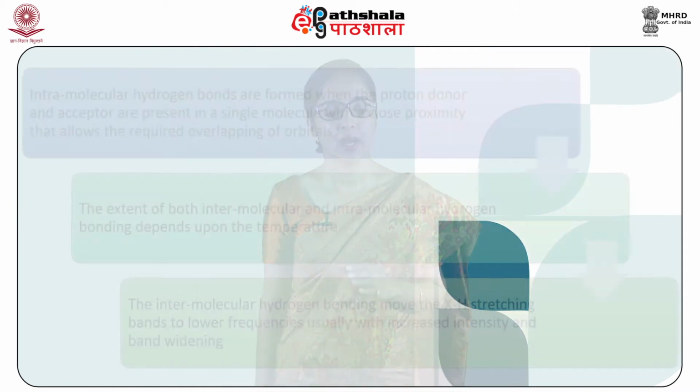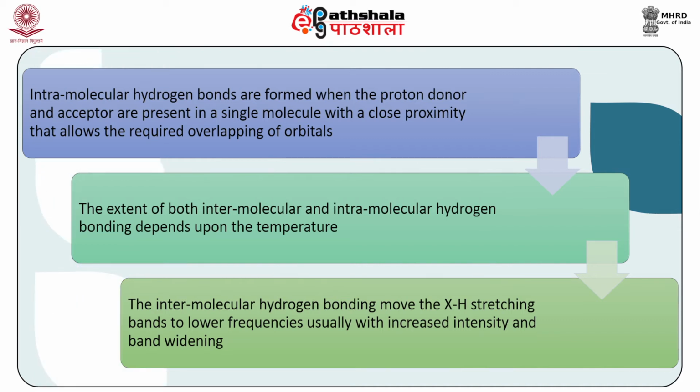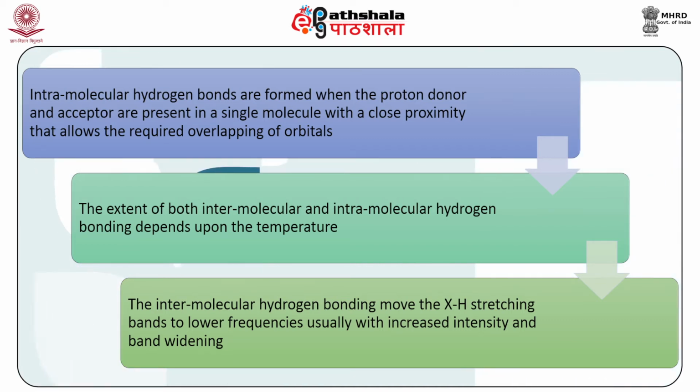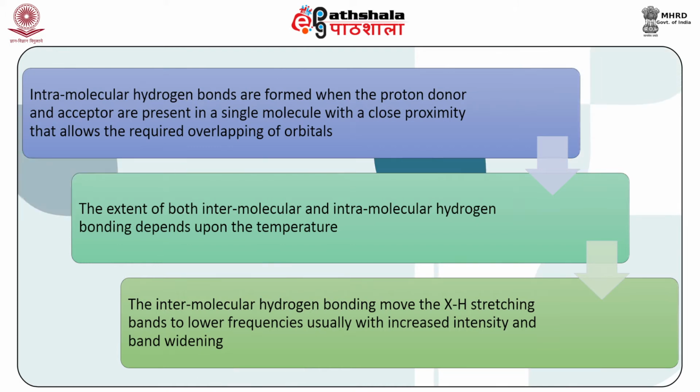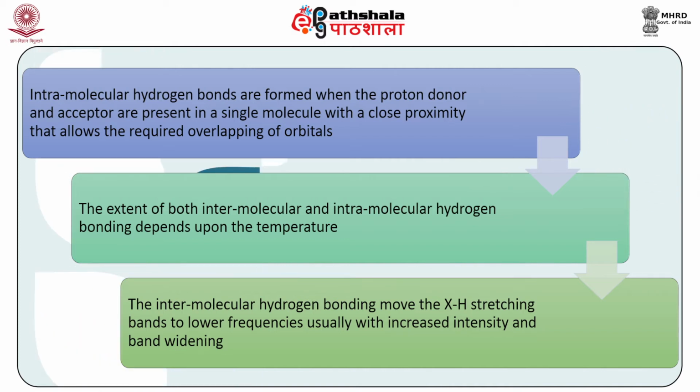Intermolecular hydrogen bonding involves association of two or more molecules of the same or different compounds, and it may result in dimer formation as in carboxylic acids. However, intramolecular hydrogen bonds are formed when the proton donor and the acceptor are present in a single molecule in close proximity that allows the required overlapping of orbitals.